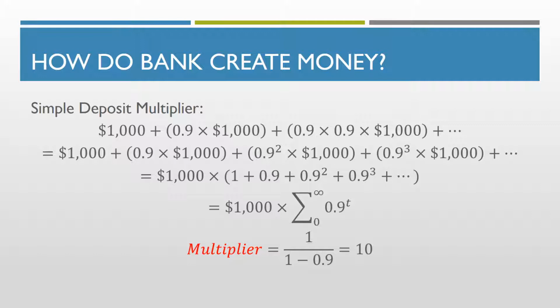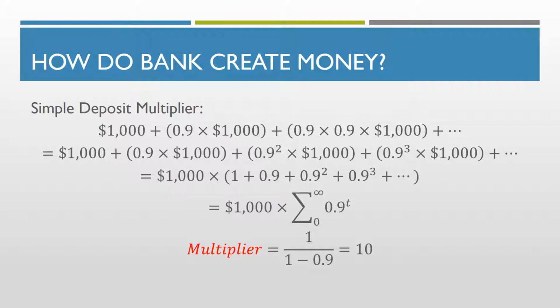So the multiplier, or the deposit multiplier, is equal to 1 over 1 minus the maximum fraction of total deposits to loan out in the bank, which is 90%.